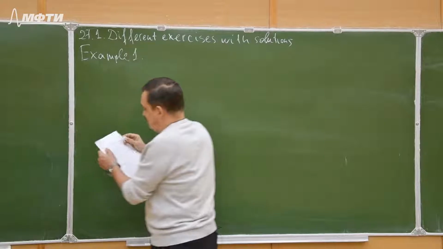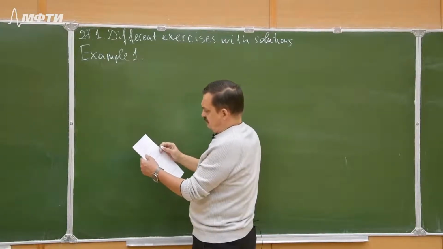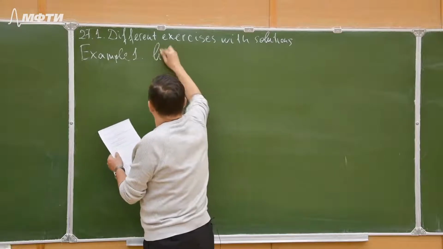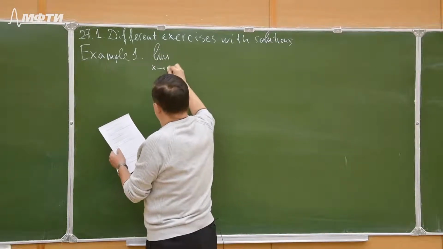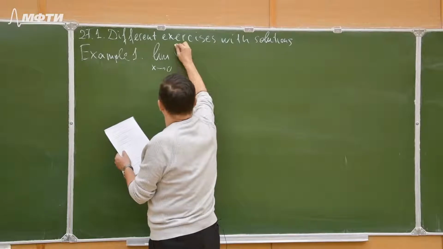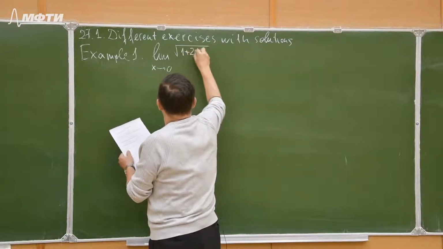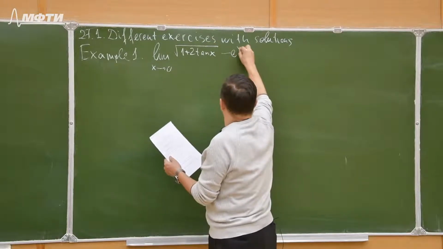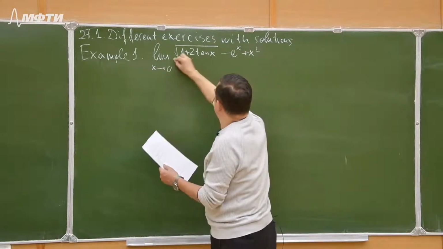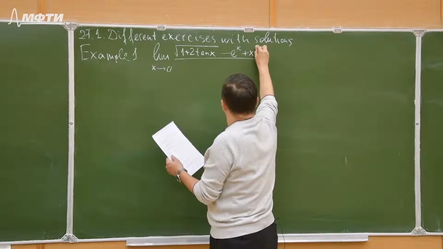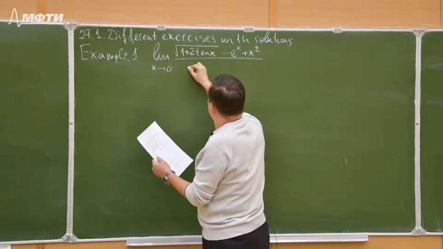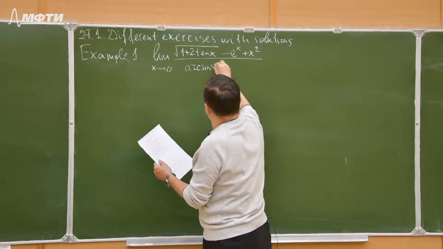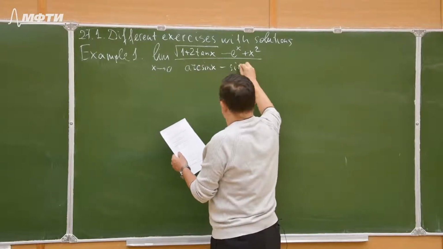is the same as in your lecture notes in the section before that. We will find the limit of square root of 1 plus 2 tan x minus e to the power x plus x squared over x squared, arc sine x minus sine x.